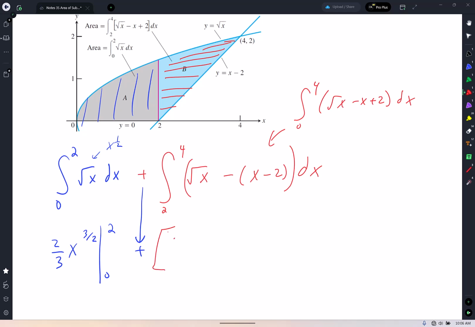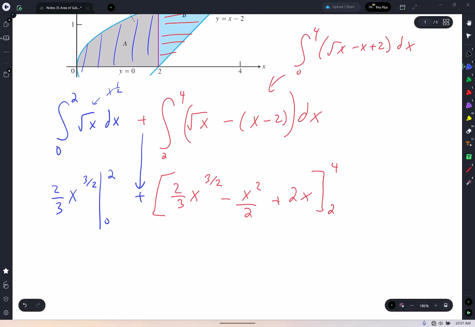That's going to be 2/3 x to the 3/2, and then I have minus x, so minus x squared over 2 plus 2x. Close that bracket, lower limit of 2, upper limit of 4. That's all the calculus. The rest is just arithmetic, which I guess maybe could be algebra.